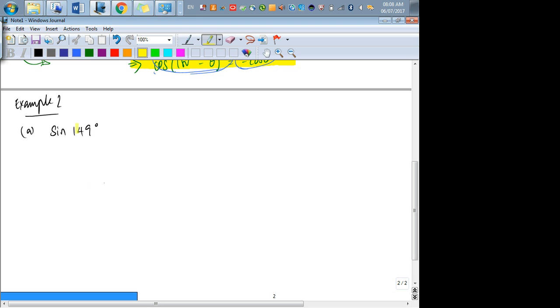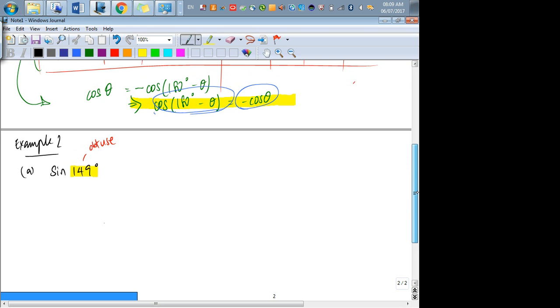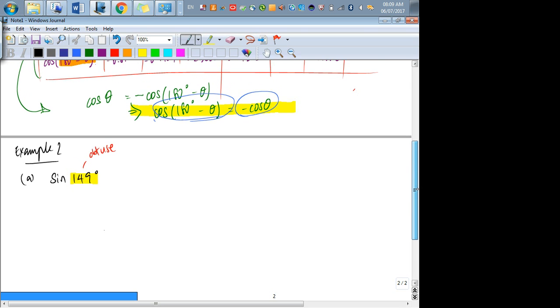Question, is this acute or obtuse? Yeah, this is obtuse. And the question wanted us to express this in terms of its acute angle. So just above on the page, we had sine 180 degrees minus theta equals sine theta, right? So we can rewrite 149 degrees as sine 180 degrees minus 31 degrees.